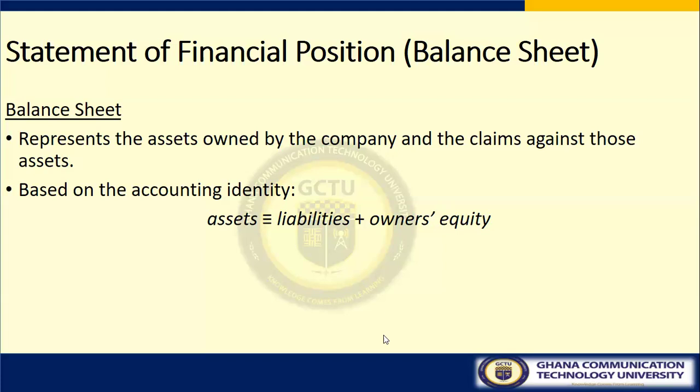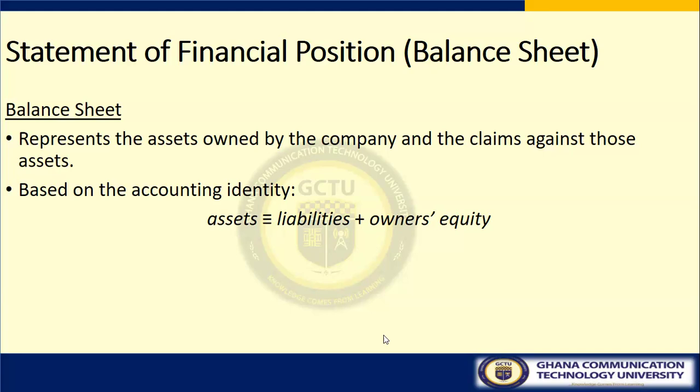So the balance sheet represents the assets owned by the company and the claims against those assets. Based on the accounting equation or the accounting identity, assets are equal to liabilities plus owner's equity.